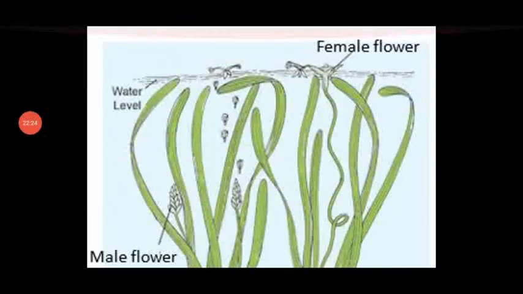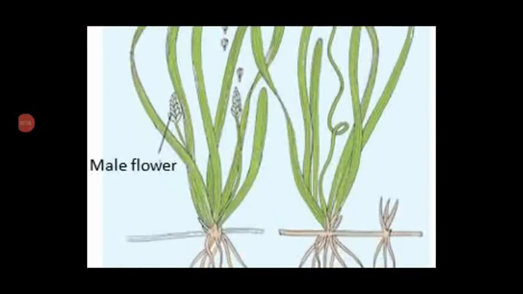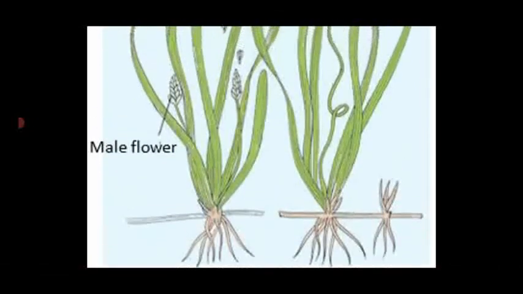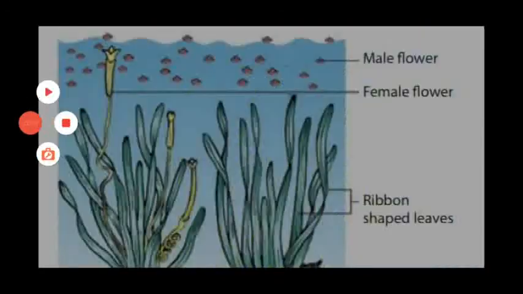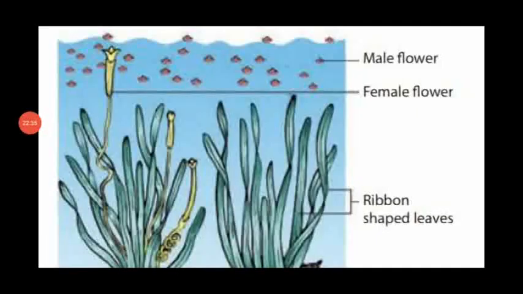Dear students, this is the diagram showing the pollination by water in Vallisneria plant. This is also another diagram of Vallisneria showing the pollination. See, the female flower has a long stalk-like portion which is coiled in nature. The female flowers are released from the female inflorescence.